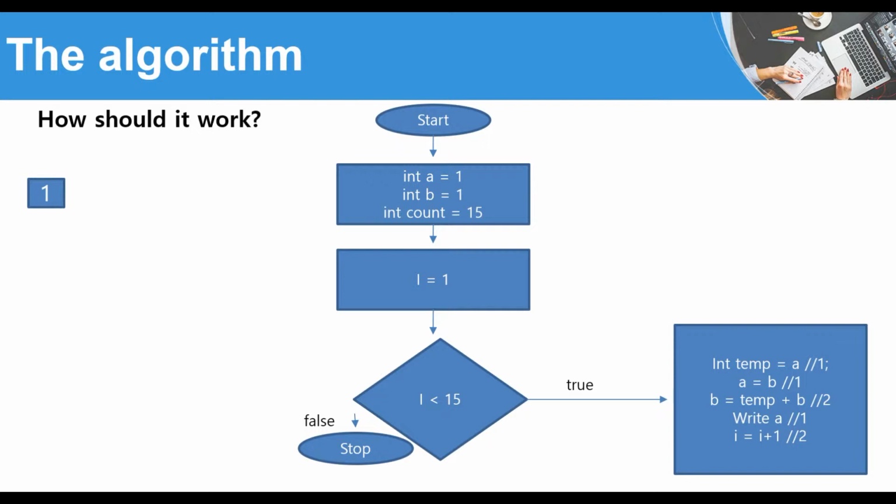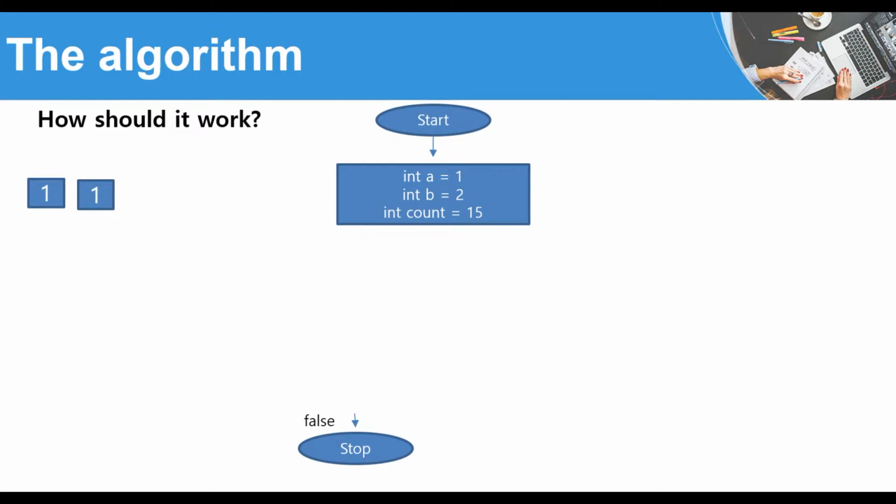So the new temp will be equal to a, so it will be 1, a equals b, we see that b equals 1, so the new a will be 1. Then we have b, which is temp plus b, which is 1 plus 1, which is 2, of course, and we'll write a to the console, which is once again 1. So the next number in the sequence is 1, of course. Now we also have to increase the counter for the for loop, and it will be equal to 2.